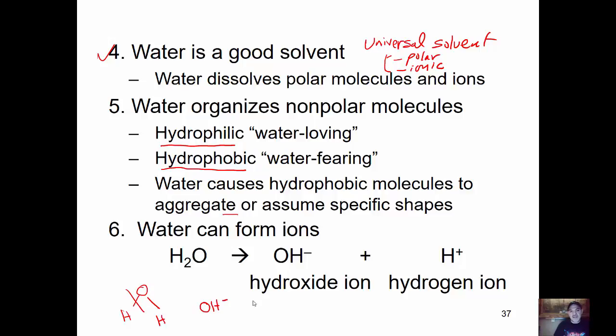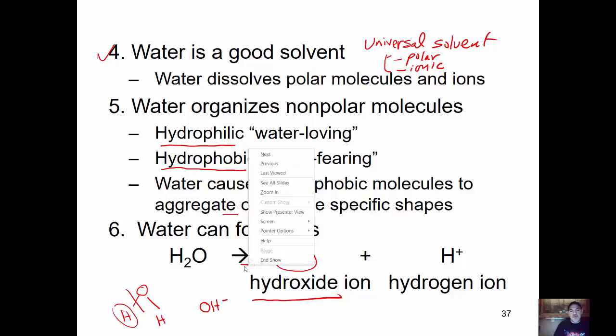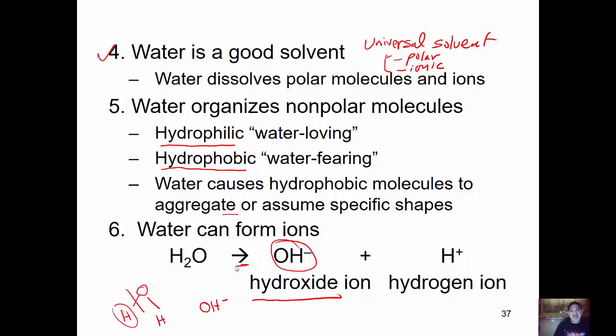It's called the hydroxide ion, which is labeled up here. And the other ion is going to be the hydrogen ion, and it's going to be positively charged. However, when this happens, usually in water, immediately the hydroxide and the hydrogen move back together, and so the reverse reaction happens. This is referred to as a reverse reaction.